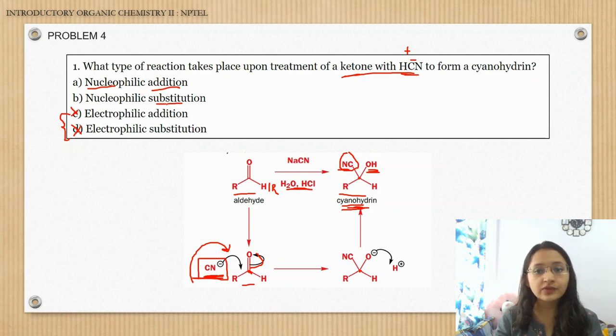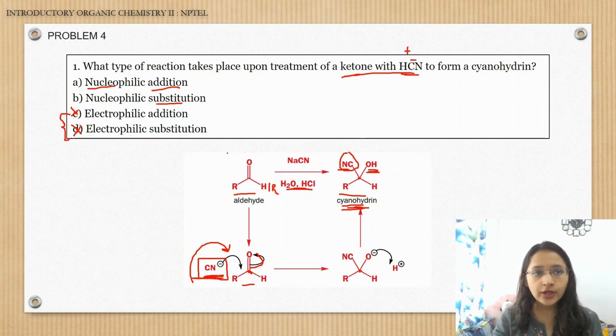Because for substitution, as the term suggests, a nucleophile must substitute an element in the starting material, right? So in the starting material, this nucleophile is not substituting or taking the place of any element because all the elements in the reactant are still there in the product.